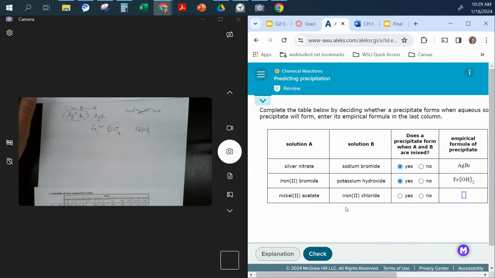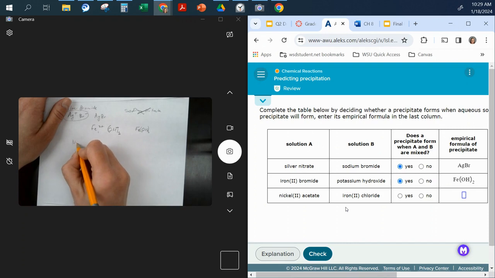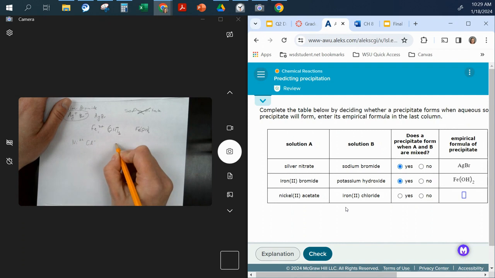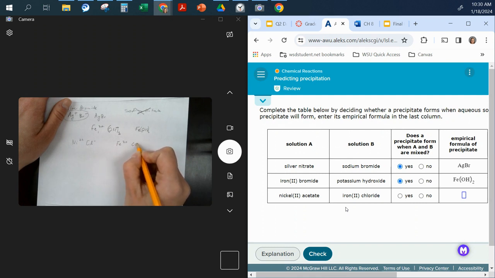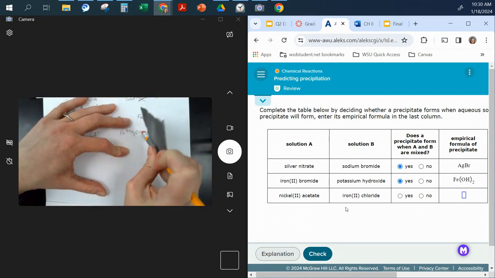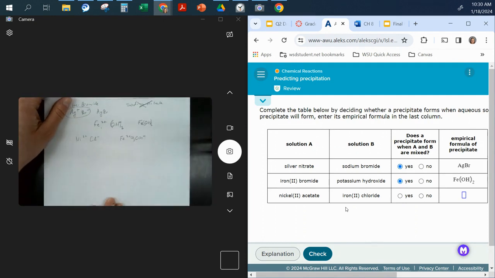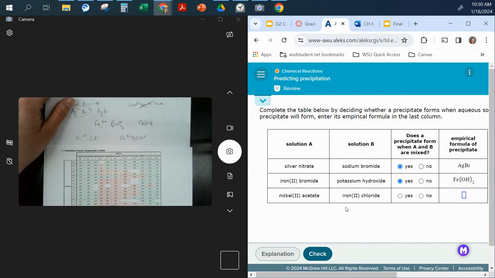Last one, nickel acetate and iron chloride. So we're going to switch. We're going to look at nickel 2 and chloride. And we're going to look at iron 2 and acetate. Okay, so let's see.